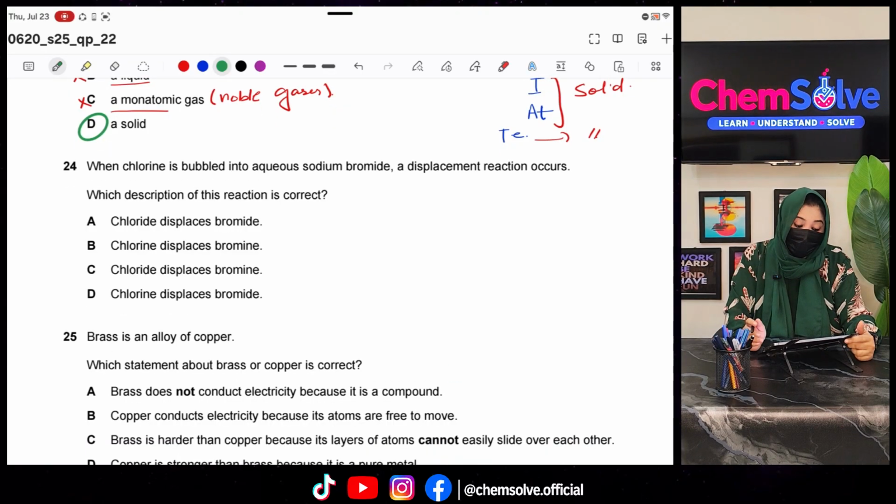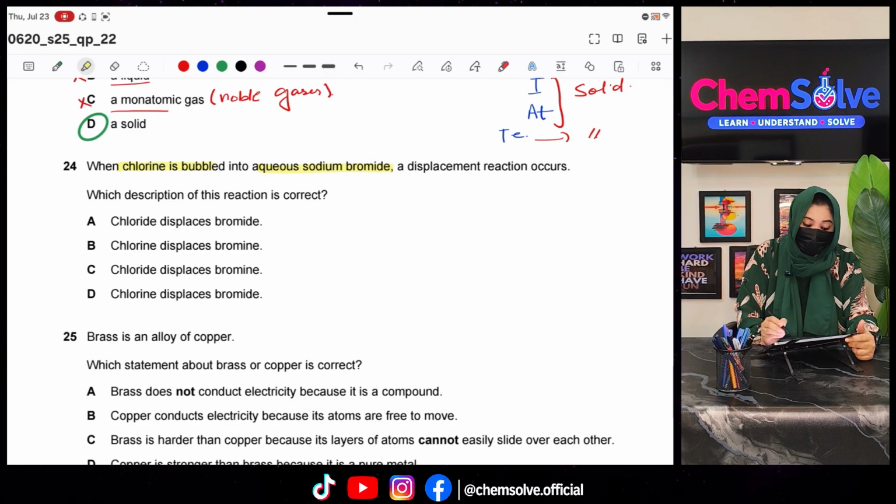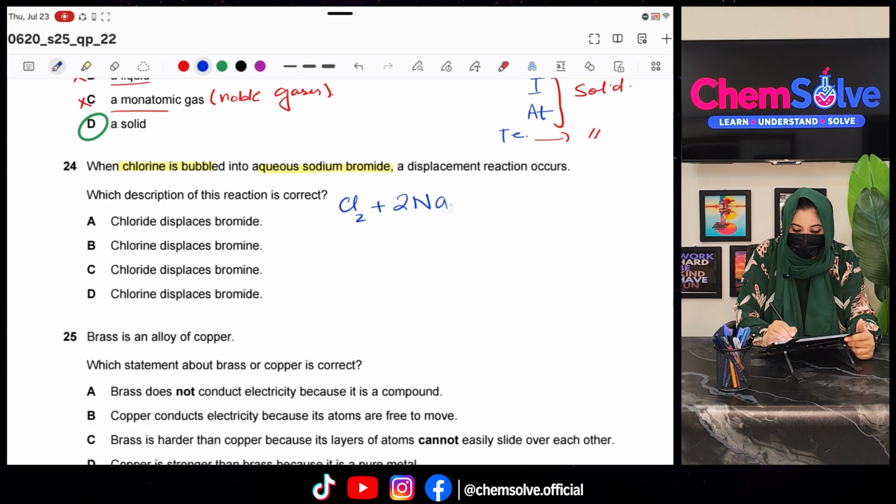Question number 24. When chlorine is bubbled into aqueous sodium bromide, a displacement reaction occurs. Which description of this reaction is correct? Okay, so let's look at the equation first. What happens? We have chlorine and then we have sodium bromide.